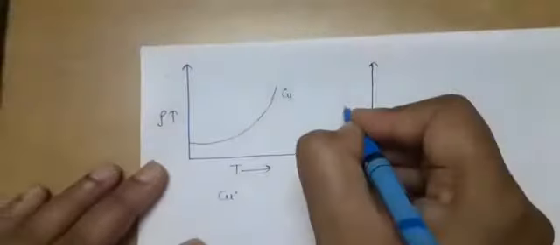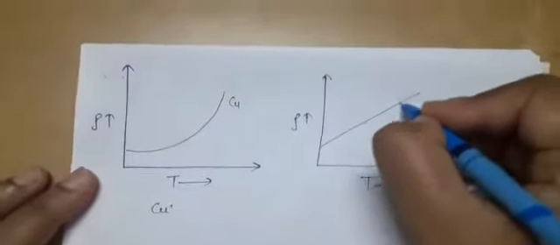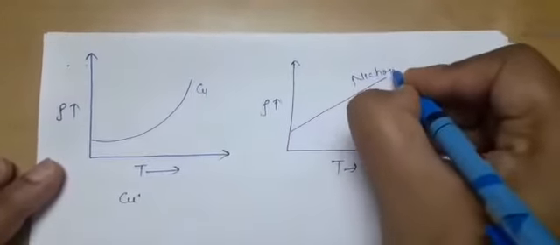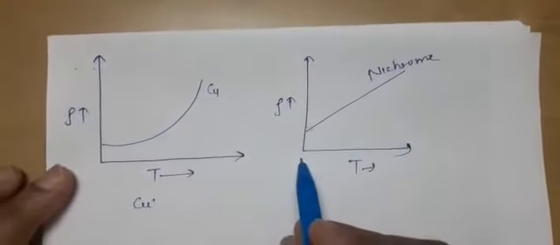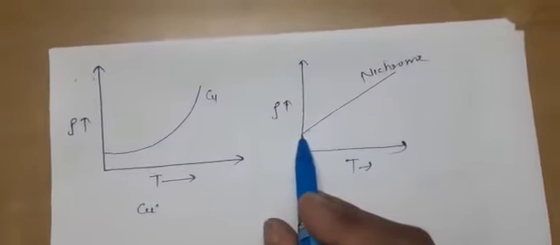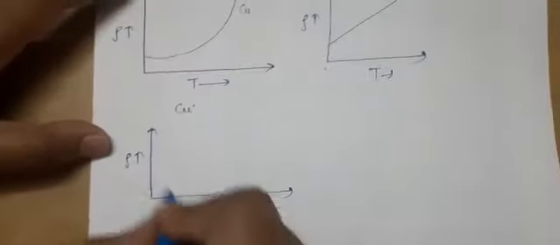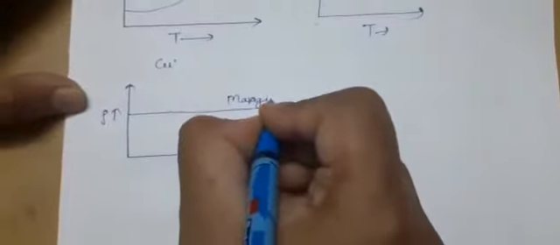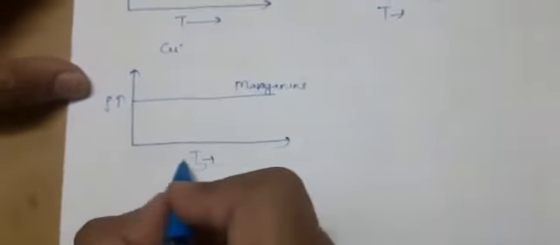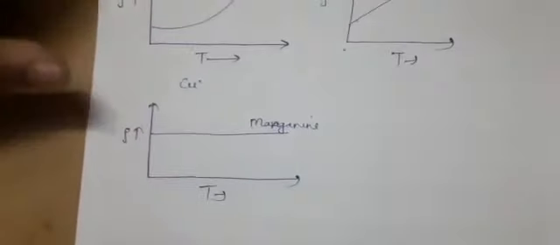Another, when you plot resistivity with temperature for nichrome, this will be a straight line, but at temperature 0 degrees it has a certain resistivity. Similarly, another case I will plot is resistivity with temperature for manganin. As manganin is least affected by temperature, with the rise of temperature the resistivity remains the same for manganin.